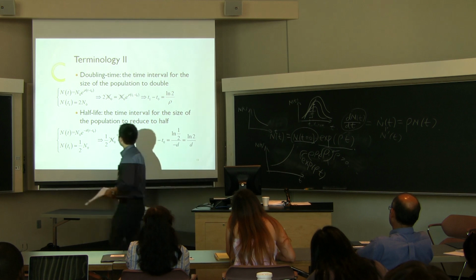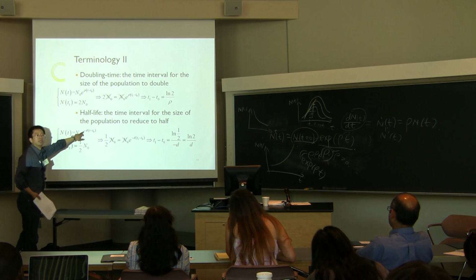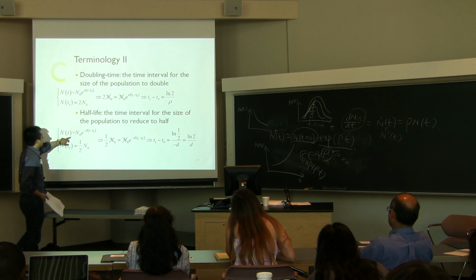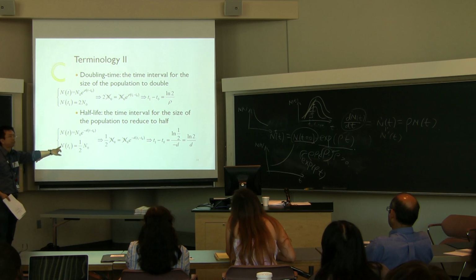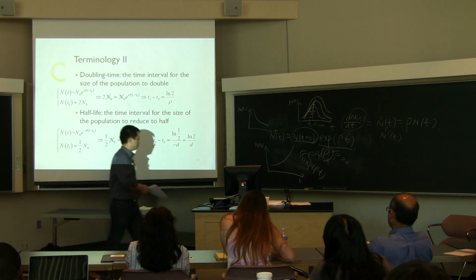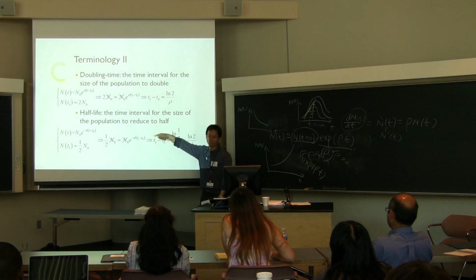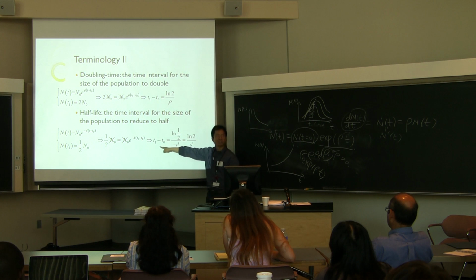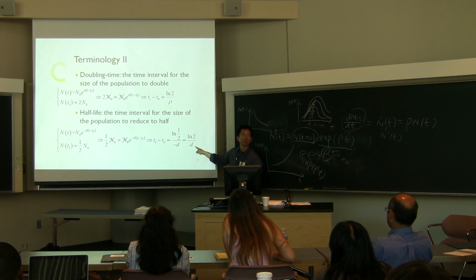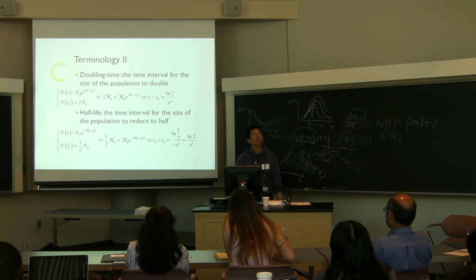The only difference is the sign change between the growth and death models. Now I do the same thing to these two equations, and eventually we find, not surprisingly because the equations are so similar, that the time interval you need to reduce the size of the population to half is log 2 divided by rho. That's what's called the half-life.